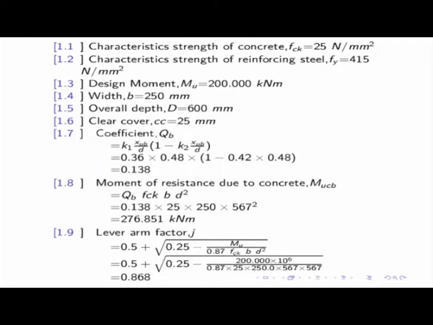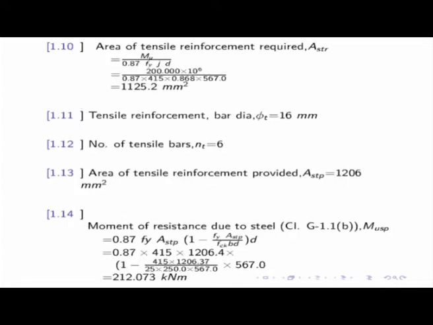From there I can get J equal to 0.868. This value 200 is the applied moment, I have put it here, with 0.87, fck is 25, b is 250, and on the basis of that I can find out d 567, and so I can calculate that 0.868.